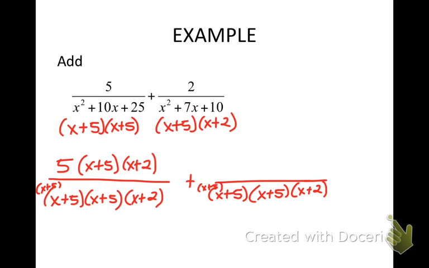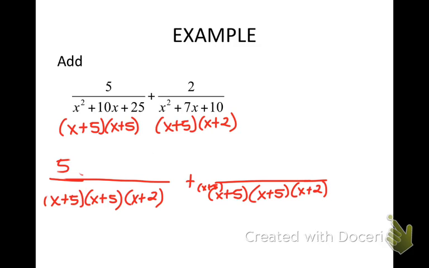So if I cancel out these, then I'm left with just the 2 again. So it's like having an extra x plus 5, which means you're just going to have more things to multiply, since you're actually canceling it before writing the rest of it. You could do it that way, you're just going to have more numbers that you need to multiply out, and we want to try to have the least amount of work that we need to do. Okay? So it is there, but we canceled it.